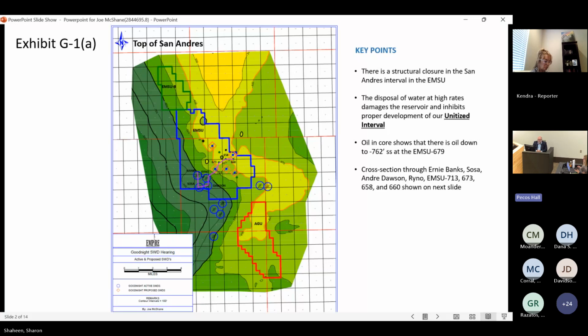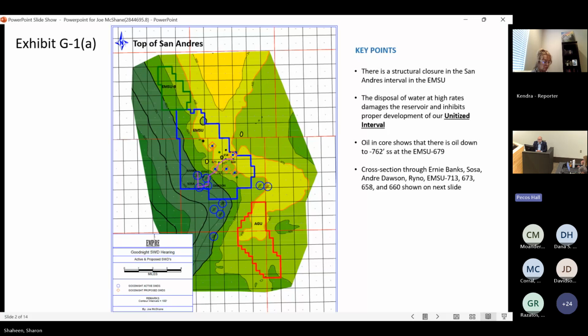Well, in the dynamics of petroleum geology, your highest point on the structural closure should be your best wells. And if you're injecting into that zone, you're going to have a better chance of damaging the reservoir, as well as the water you're pushing down dip is going to move up dip as well towards those crestal regions.